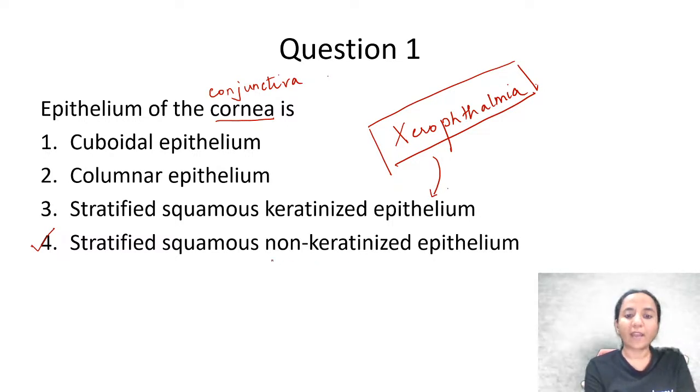So stratified squamous non-keratinized epithelium is the normal epithelium, whereas in xerophthalmia, it changes to stratified squamous keratinized epithelium. This is important for the exam.